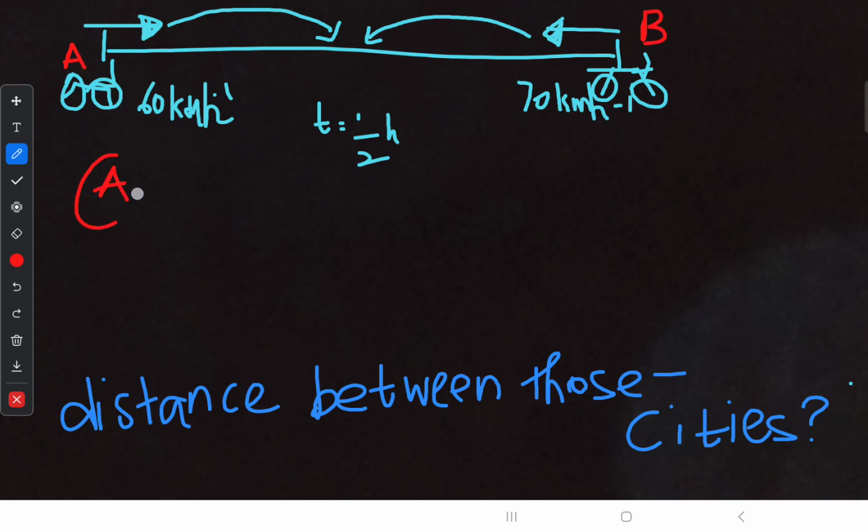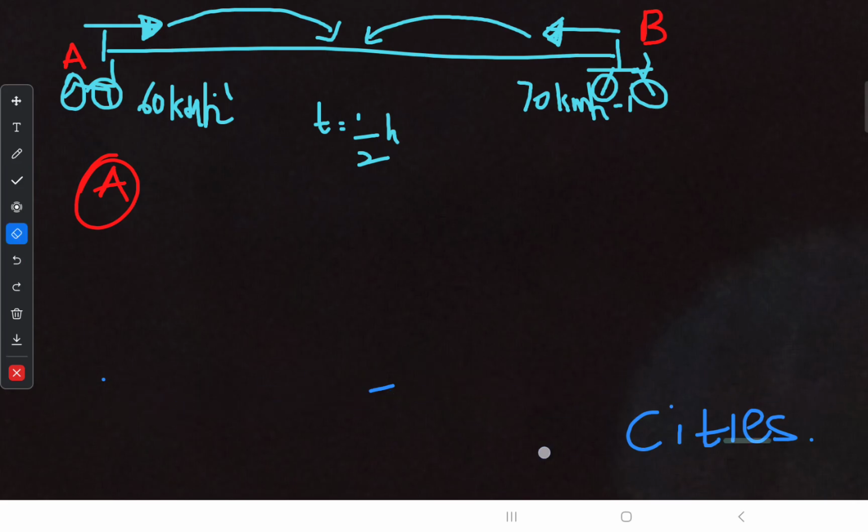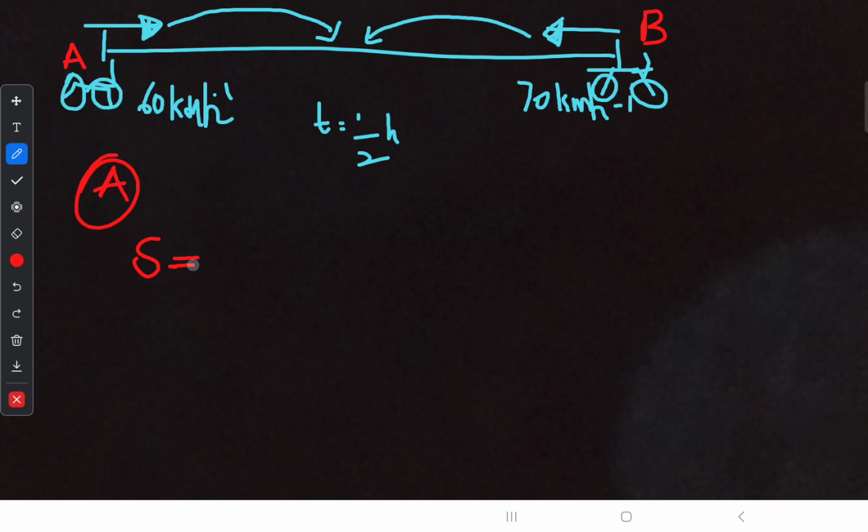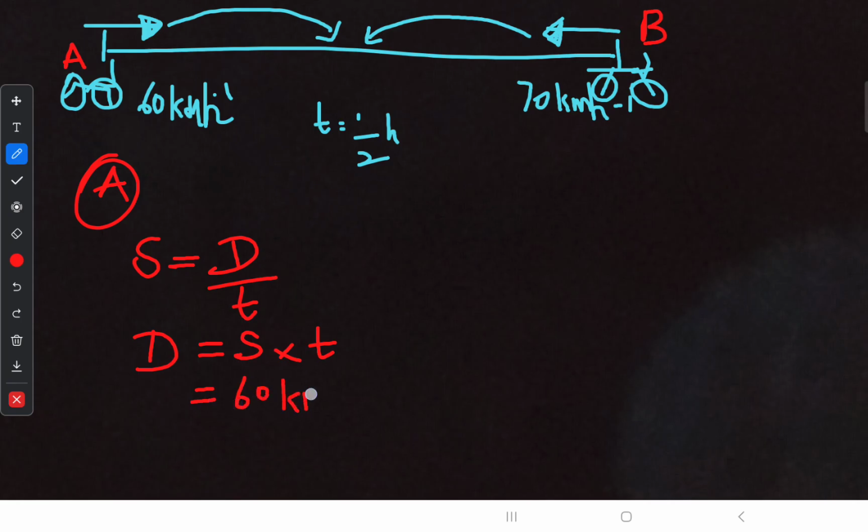For A, to find the distance traveled by person A, the equation is speed equals distance upon time. I have to find the distance, so S should be multiplied with T. Speed is 60 kilometer per hour, time is half an hour.